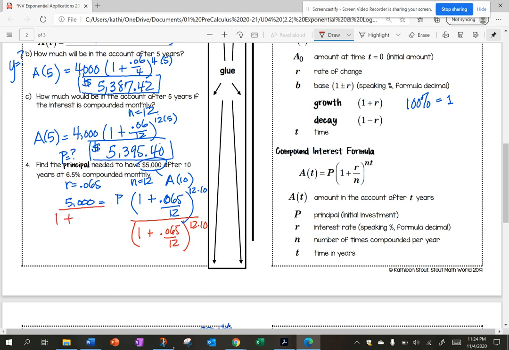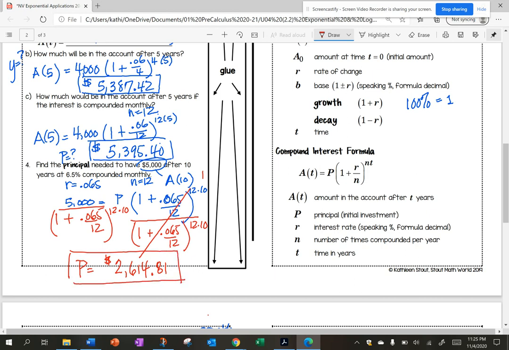That becomes 1, so P equals $2,614.81. That's it.